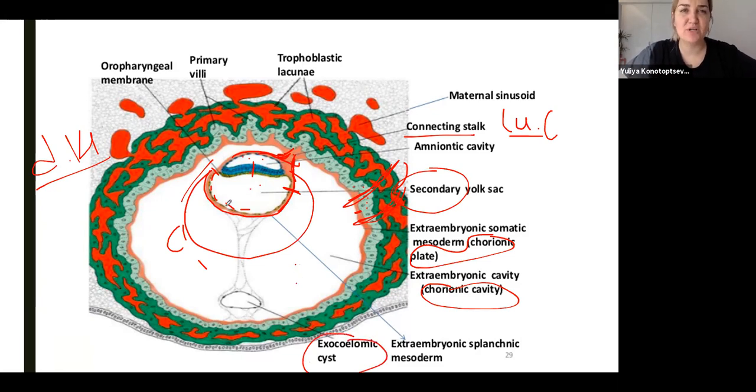On this picture, they're trying to show you how it is dripping down, because this one is leaking. It's patchy, right? So it needs additional cells of the hypoblast to repair that area. So I repeat, the exocoelomic cyst is just a remnant of the original yolk sac, and it is in the chorionic cavity. Do we have any questions here?